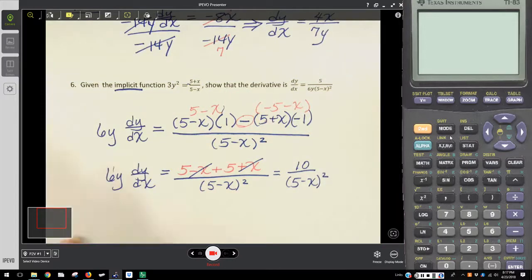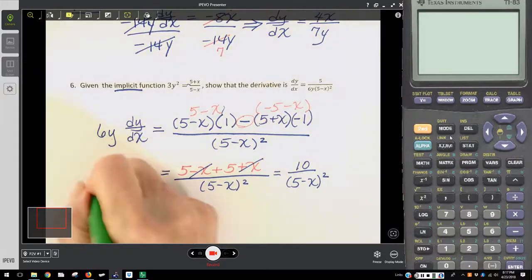And now we need to either multiply by 1 over 6y or divide both sides by 6y. And in reality, it's easier if you think about just multiplying by the reciprocal because of what's on the other side.